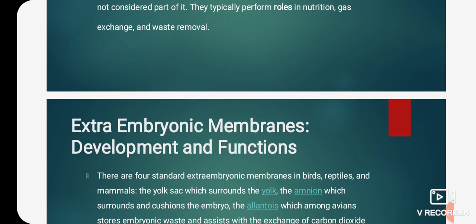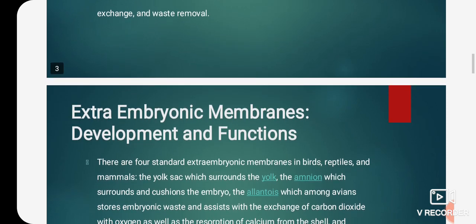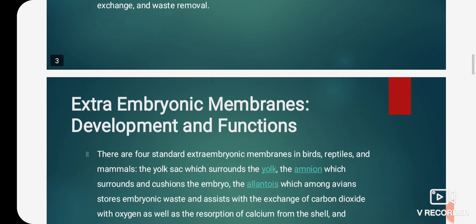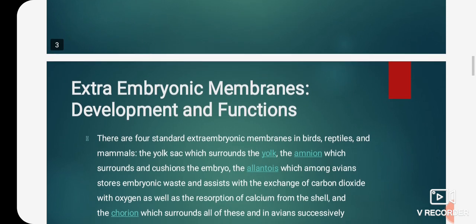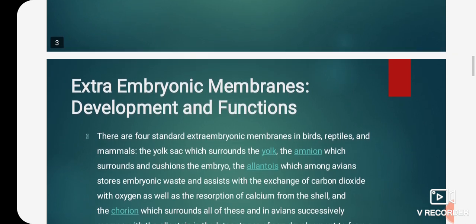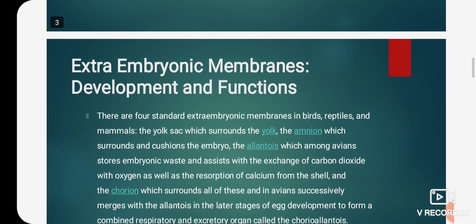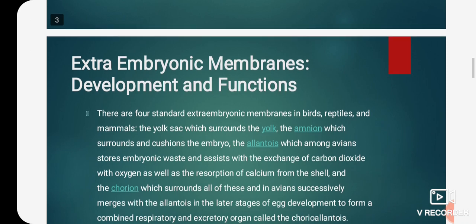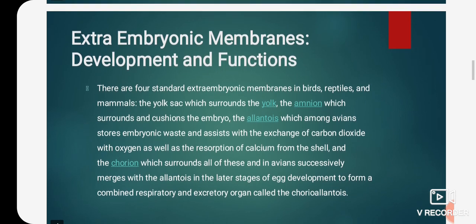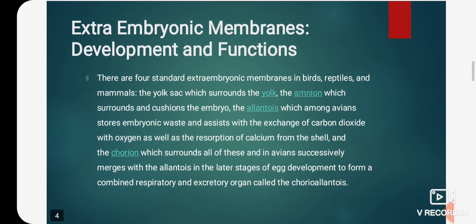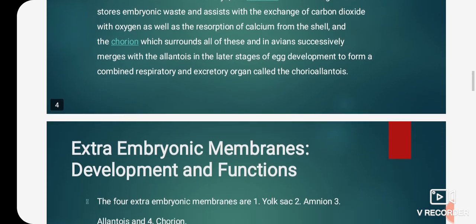The yolk sac, which surrounds the yolk; the amnion, which surrounds the embryo; the allantois, which among avians stores embryonic waste and assists with the exchange of carbon dioxide with oxygen, as well as the resorption of calcium from the shell; and the chorion, which surrounds all of these and in avians successively merges with the allantois in the later stages of egg development to form a combined respiratory and excretory organ called the chorioallantois.